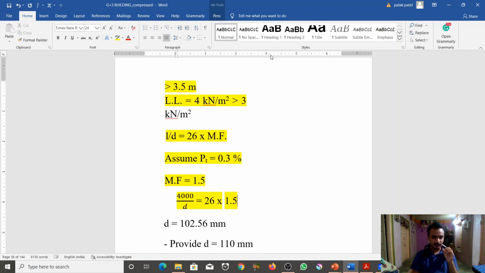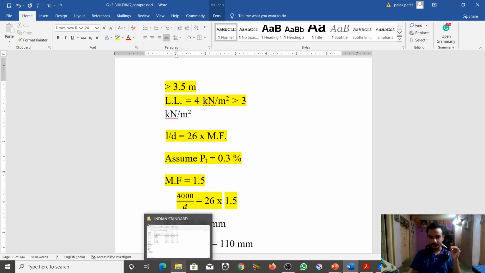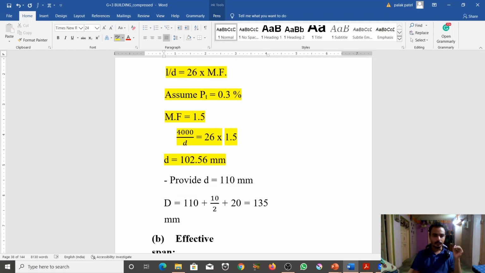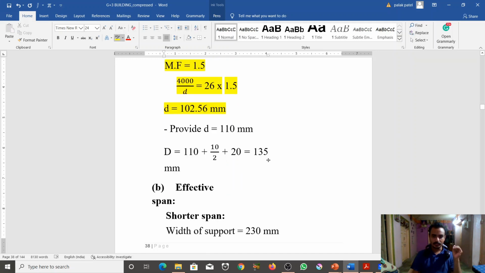At that time we can find out d, the effective depth: 102.56. So we can provide d as 110 mm. This is the effective depth which we provide.